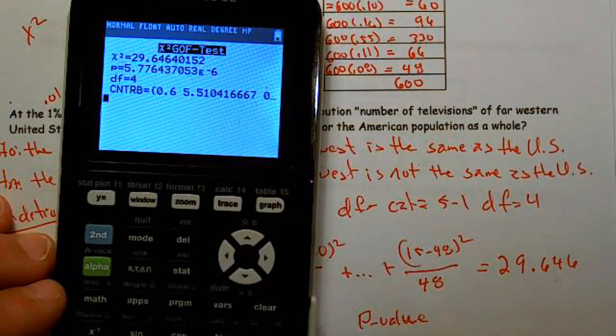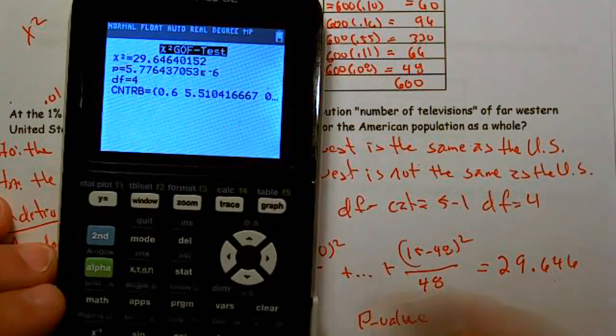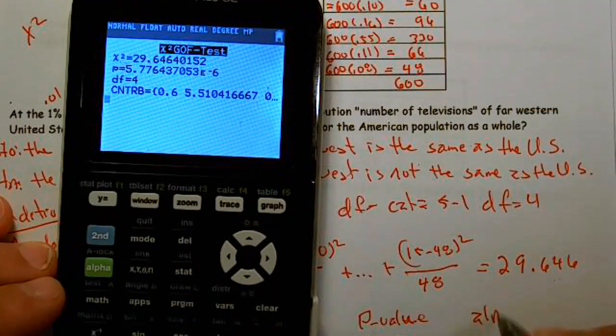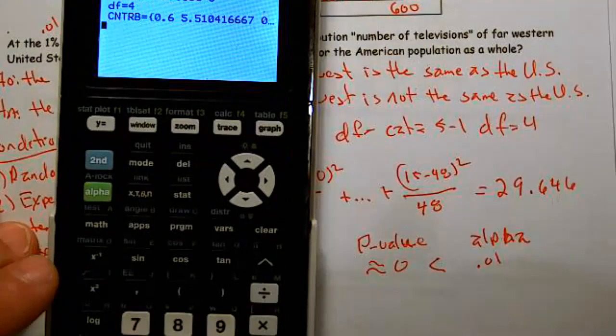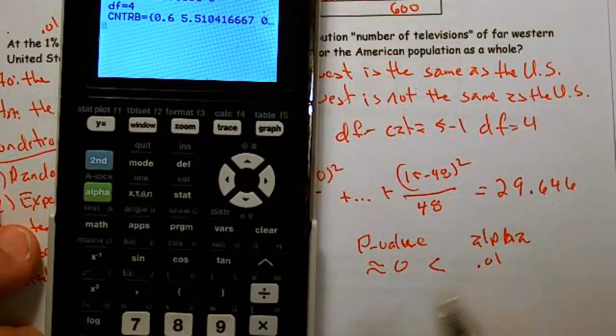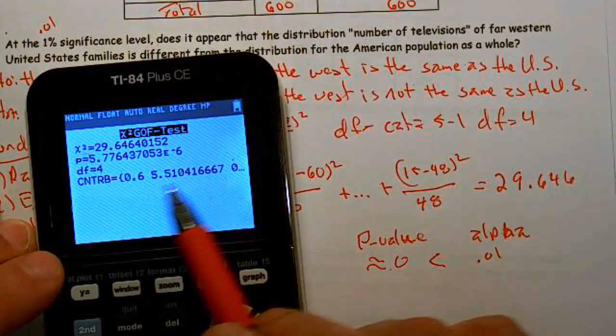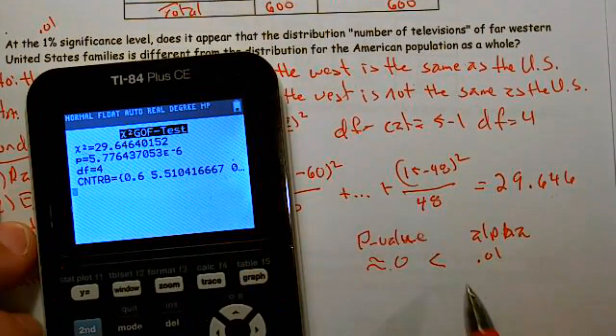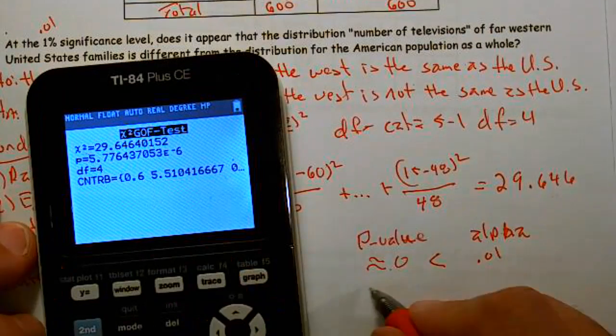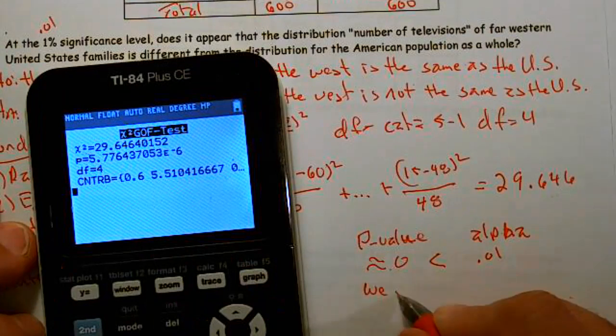So my p-value is approximately 0 at alpha equal 0.01. I got that from it being to the negative 6 power. It's less than 0.01. So we reject the null.